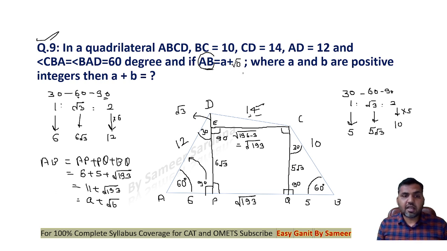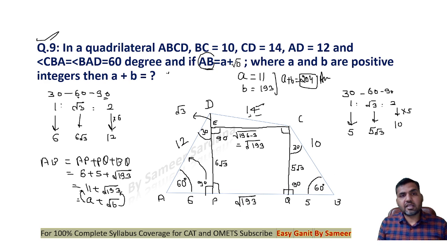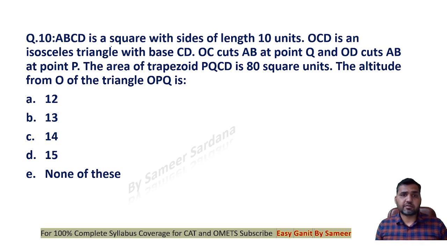Can you see that now? a is 11 and b is 193. If I compare the coefficients, a would be 11, b will be 193. So guys, a plus b will be equal to 204. This would be the correct answer. This is the correct answer to the question.